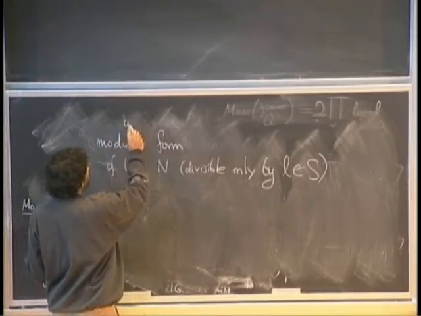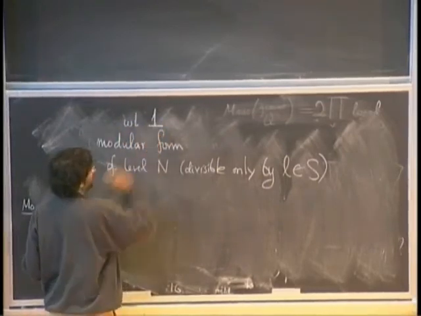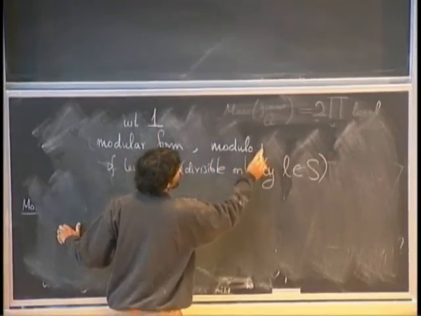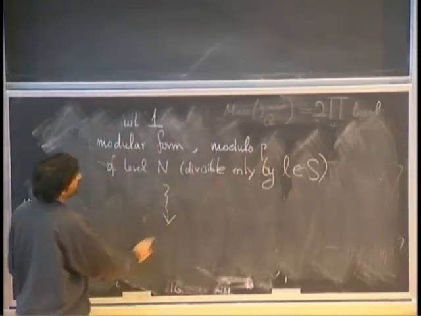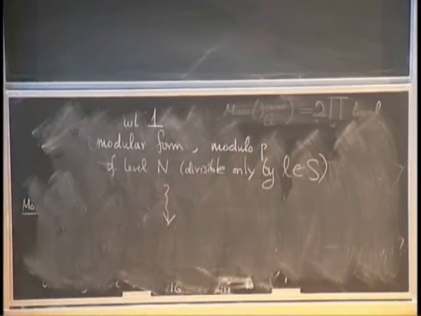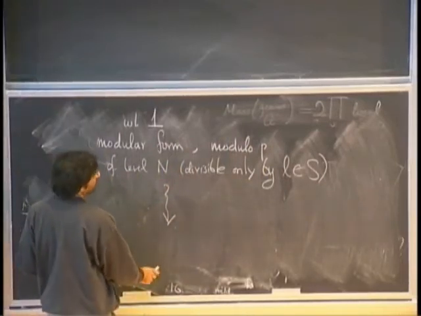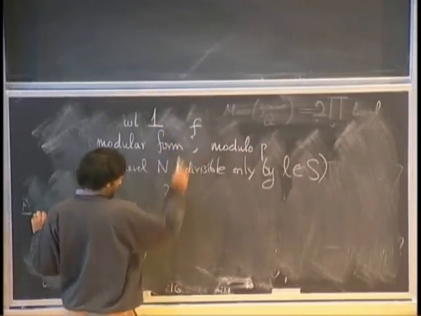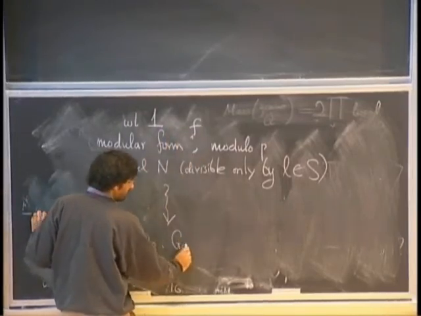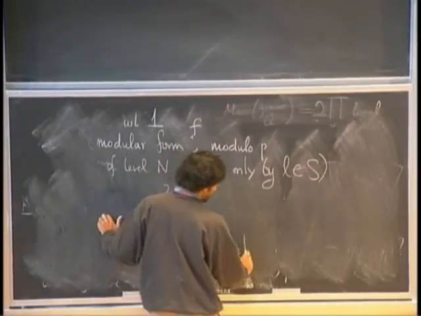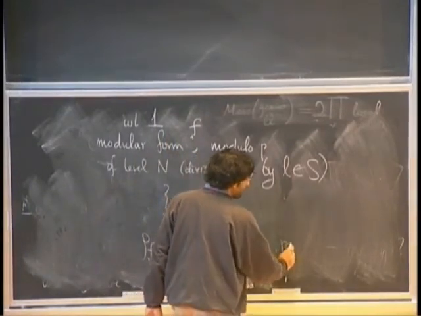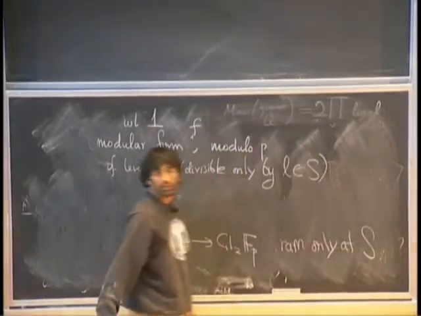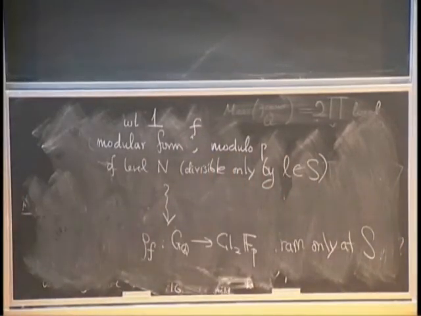Now, if this modular form happens to be a weight 1 modular form modulo p, weight 1 modular forms are magical because, at least for p not 2, you get out of this a Galois representation to GL2(F_p) which is actually ramified only at S, not at p. So this is an absolute miracle.